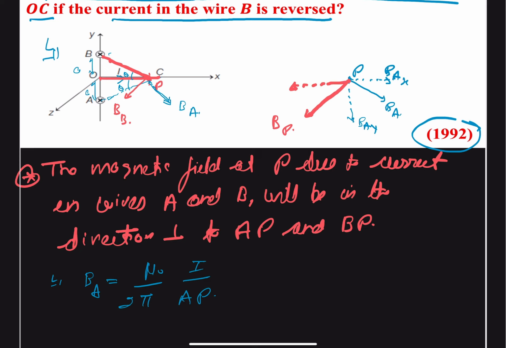One will be our BBX, and this will be our magnetic field of B in X direction, and for Y direction it will be same. So this will be a magnetic field of B in Y direction, and this will be our angle theta. Okay. So from this figure we can clearly understand that the magnitude of our BAX will be equal to our BBX. So therefore the net magnetic field in X direction will be equal to 0. So only magnetic field that will be present will be in Y direction.